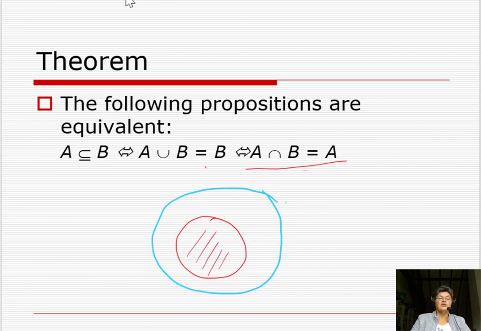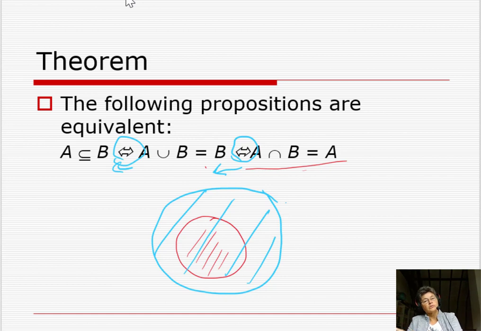If we look at this picture, then we can conclude, if we go to the left, that the union of the two is the largest one, and of course we can conclude that A is a subset of B. So the relations are logically equivalent. We can reason from left to right, but also from right to left.